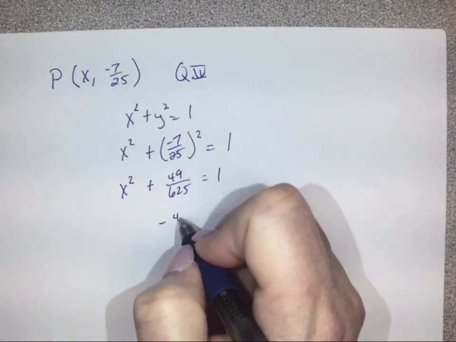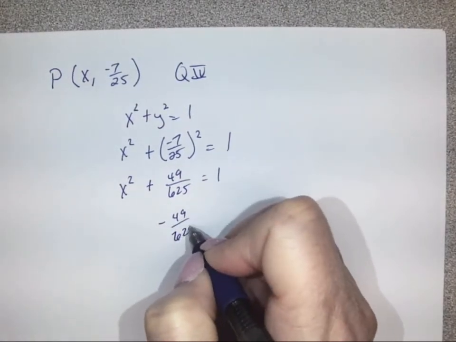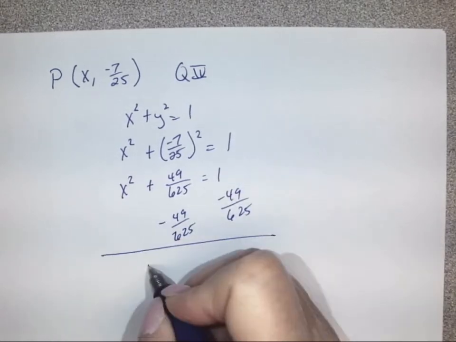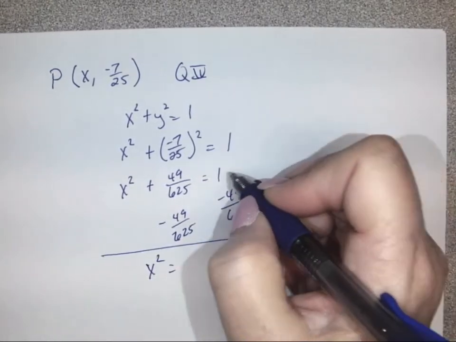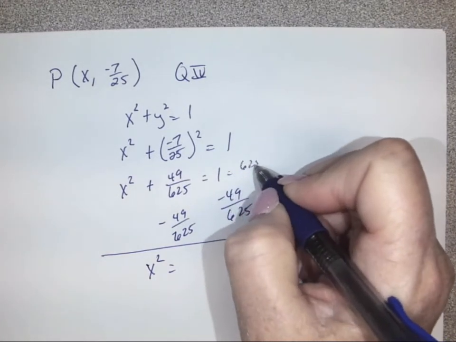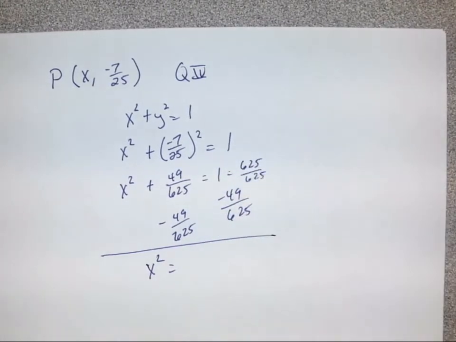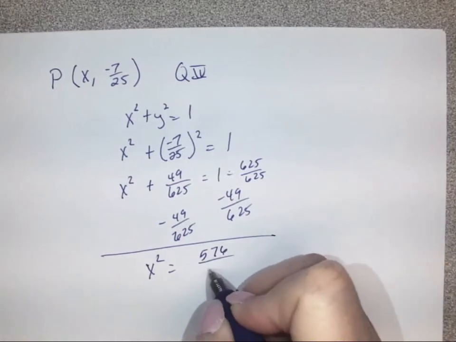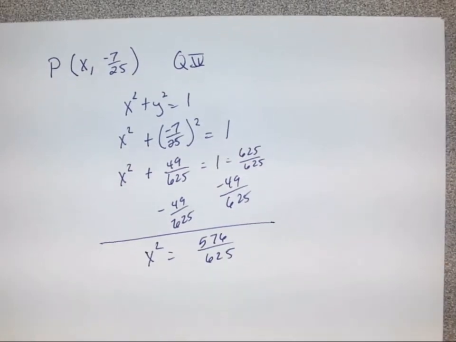We'll now subtract this from the other side. So we now have x squared is equal to, and again, you can change this to a common denominator. And when we subtract that, we're going to get 576 over 625.